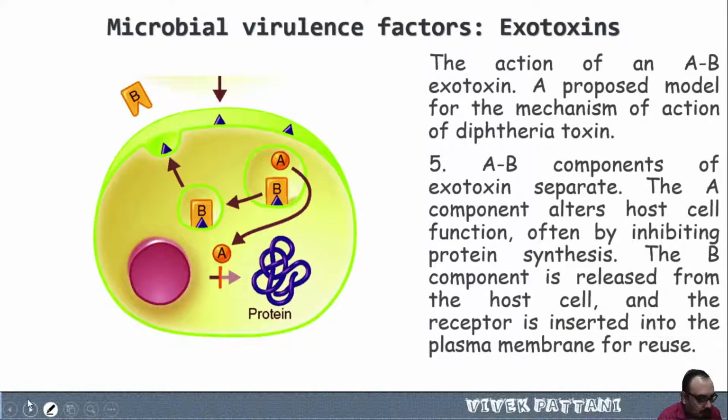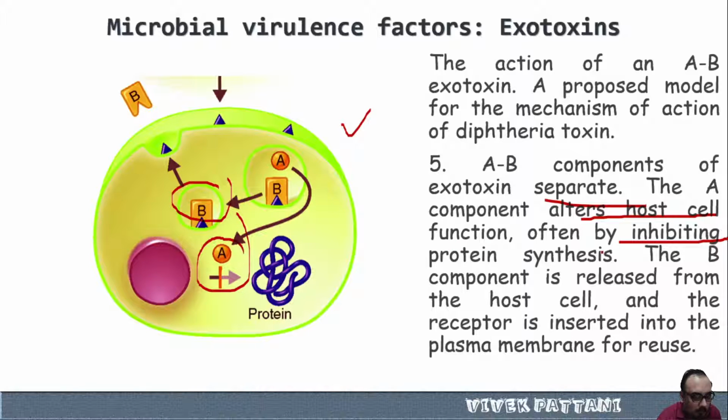Now moving forward, what happens next? The A and B components of the exotoxin separate, and the A component alters the host cell function, often by inhibiting protein synthesis.